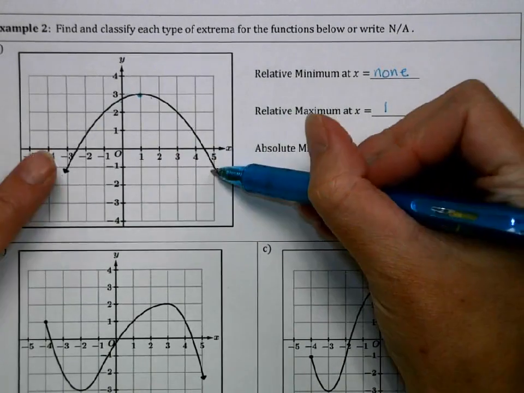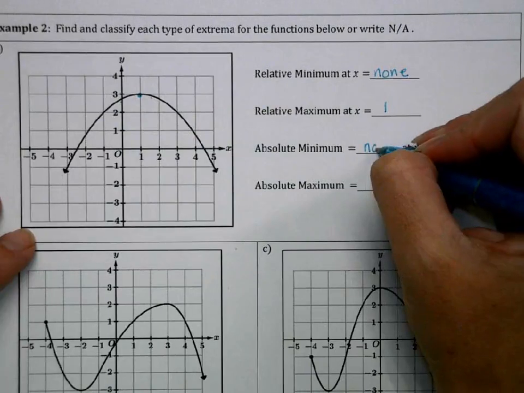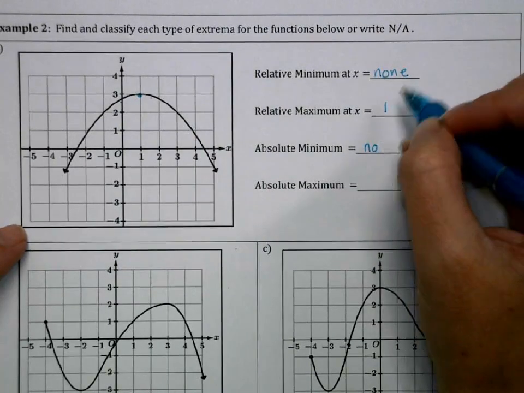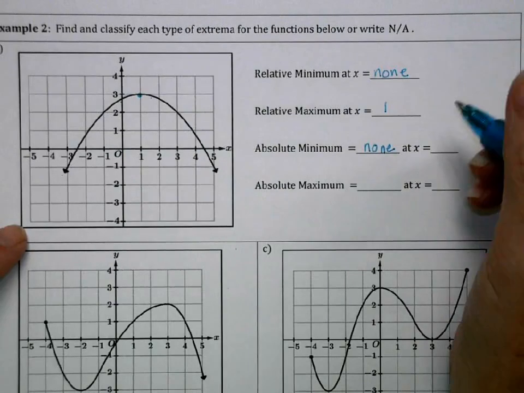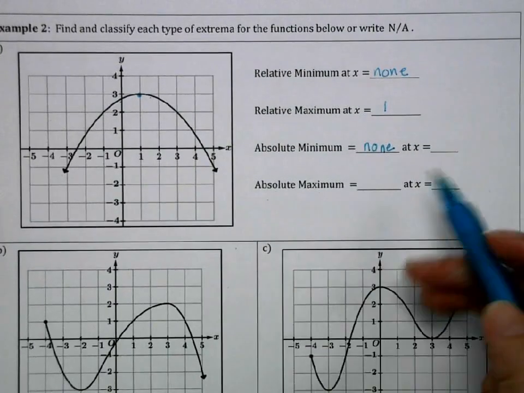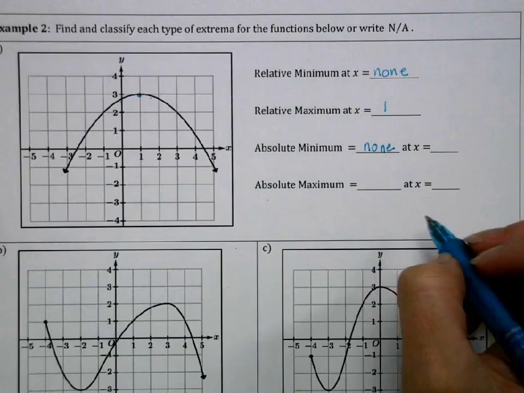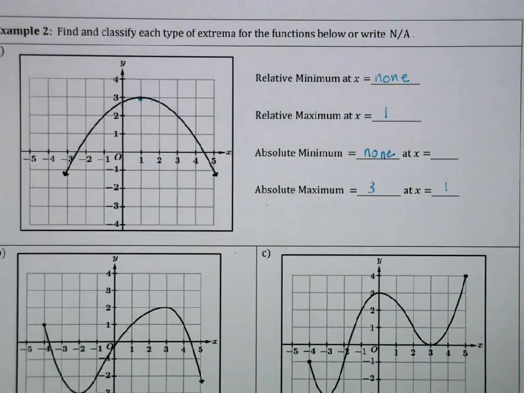Again, the arrows go to negative infinity, so that means there is no absolute minimum. Then absolute maximum, there is an absolute maximum of 3 at x equals 1. So that one extrema that we have there is both a relative maximum and an absolute maximum.